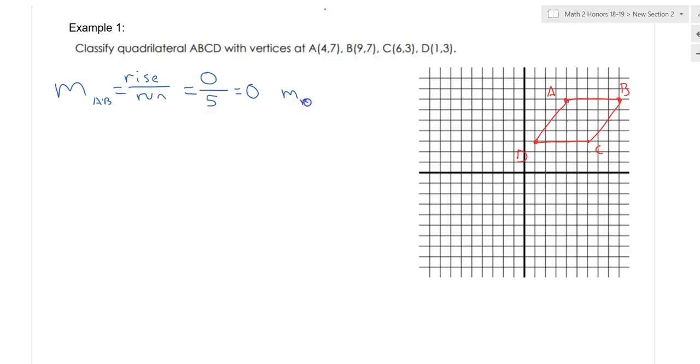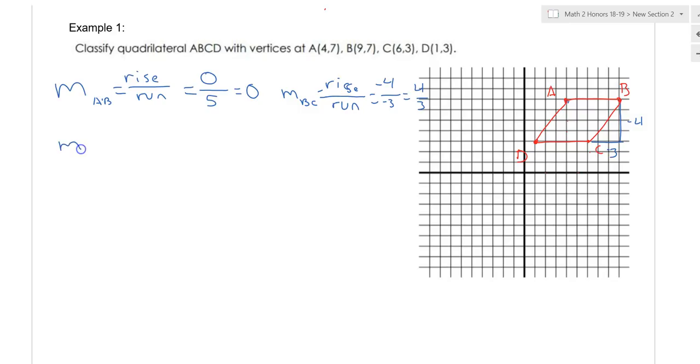Then we have the slope of BC. From B to C, we go down 4, make sure you're paying attention to negatives, and left 3. Again, a negative divided by a negative is positive.